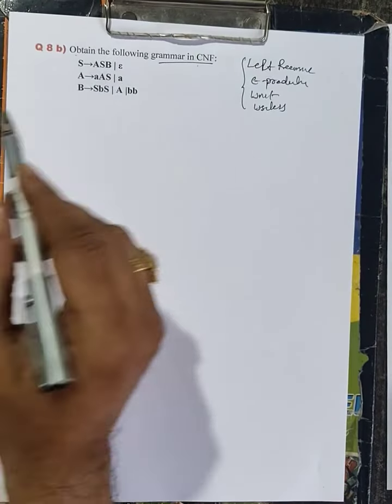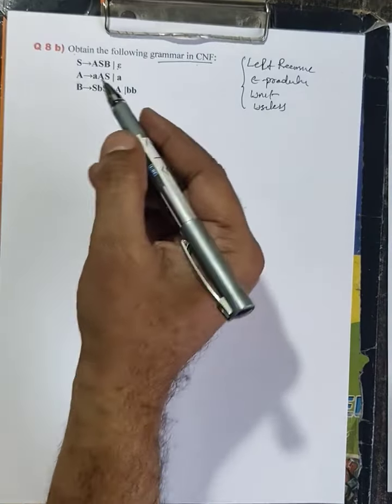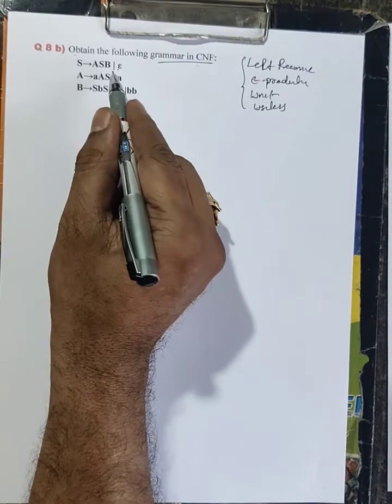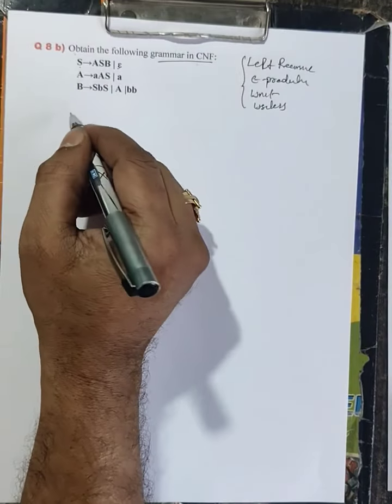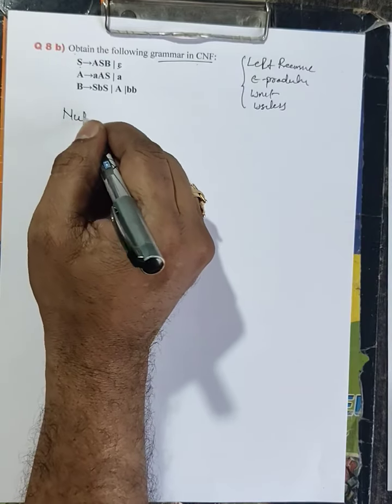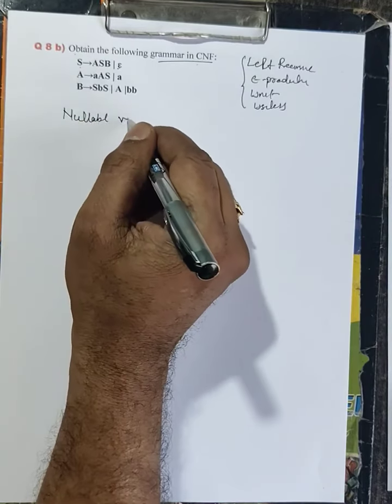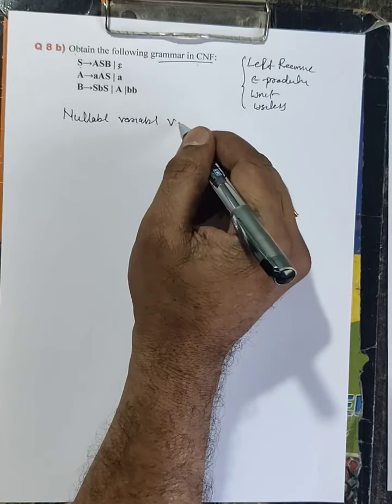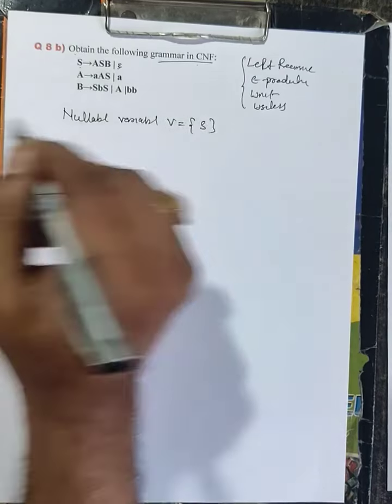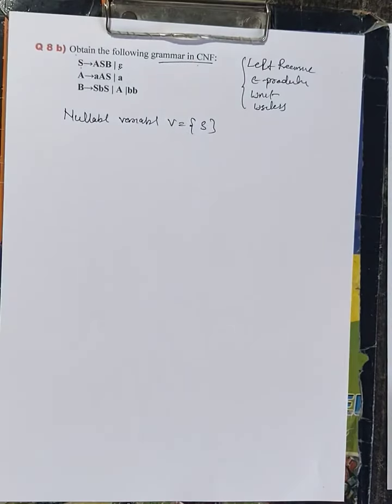Within this, is left recursion there? No. Then is epsilon there? First eliminate epsilon. Find the nullable variable. Yes, S produces epsilon. Is there another variable that can produce epsilon? No. Only one nullable variable.